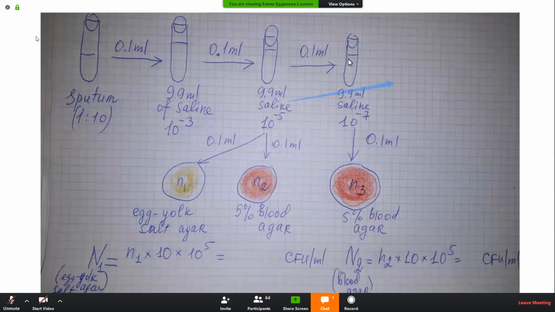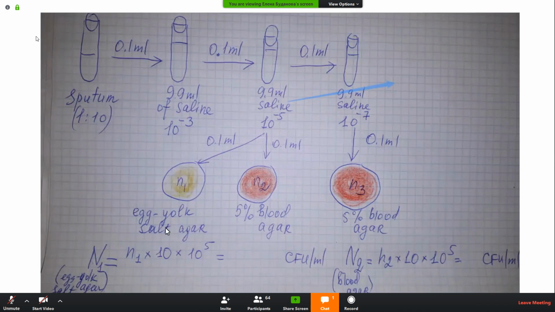And we'll repeat it again, once again, to make 10 to the power minus 5 and minus 7 dilutions, respectively. So from the last two dilutions, we are subculturing specimen onto egg yolk salt agar, which is selective medium for staphylococci.